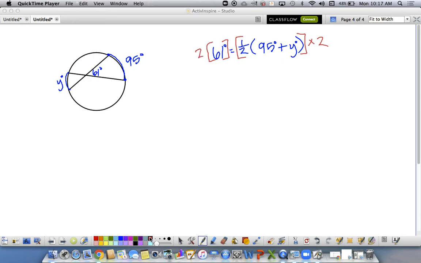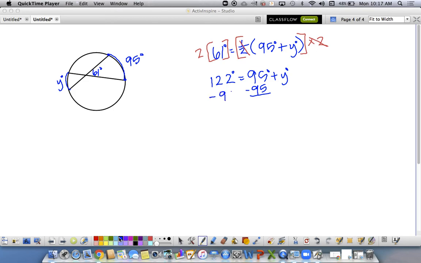Why in the world would I say that? Because it's going to get rid of this half. Because 1/2 times 2 is just 1. So now we have 95 plus y equals 2 times 61, which I believe is 122. And it's still degrees. And then solving for y is really easy.